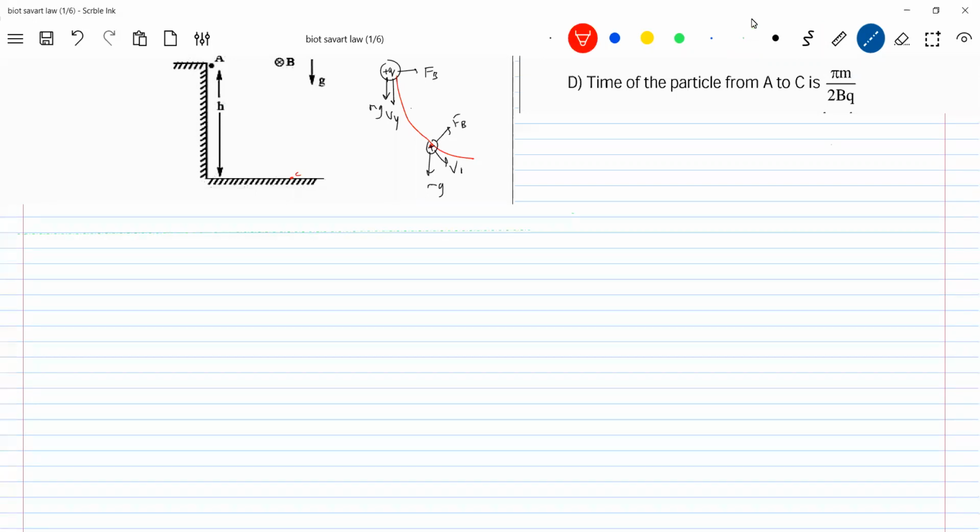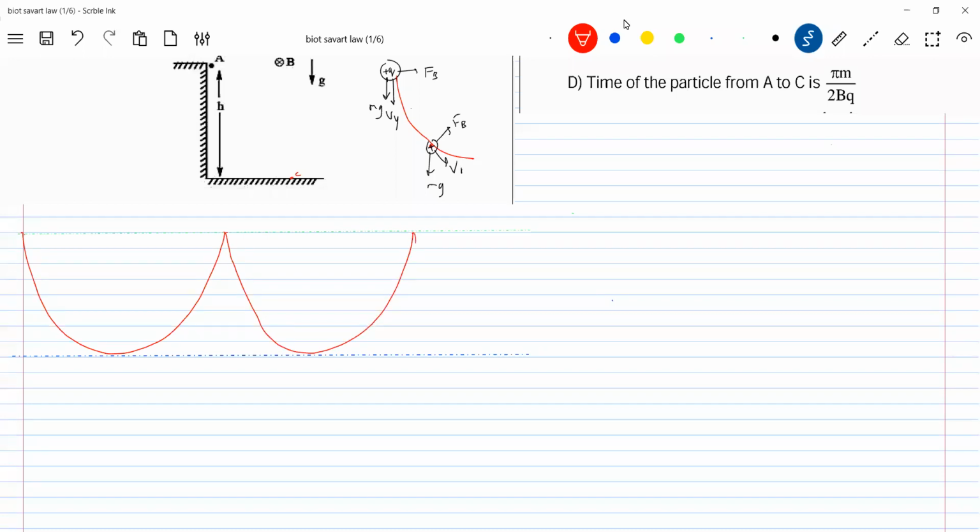The path of the particle, this is initially point A. I'll give the mathematical proof.